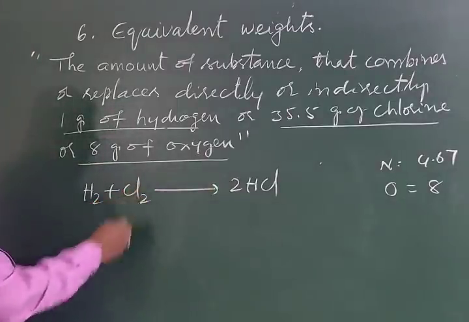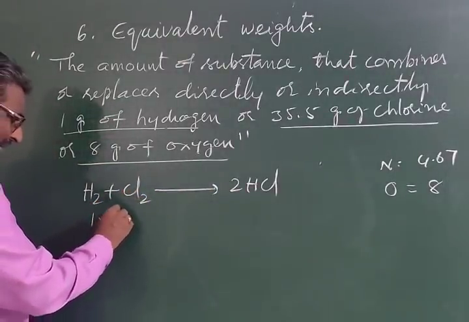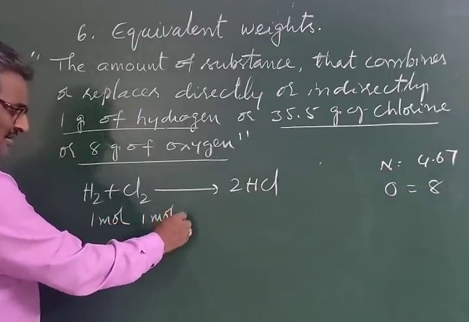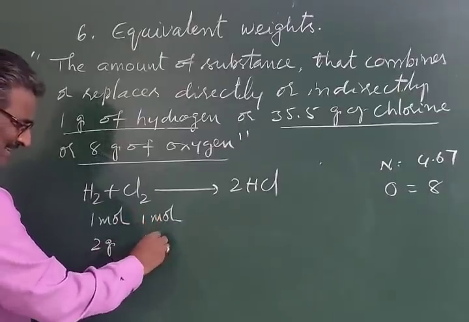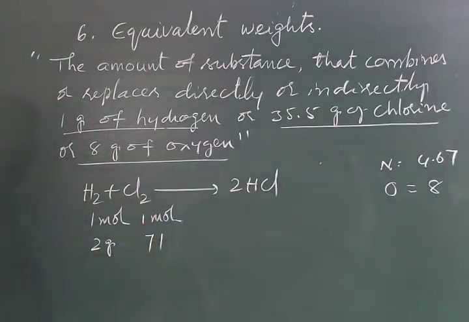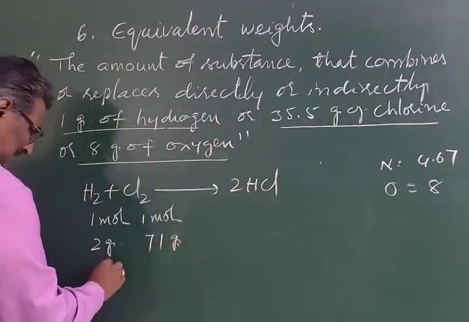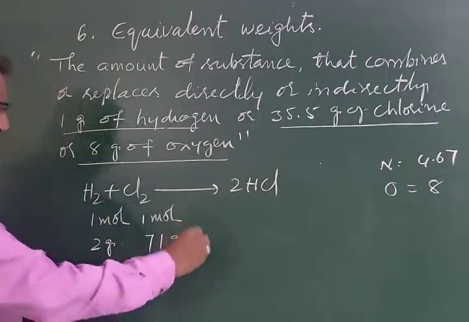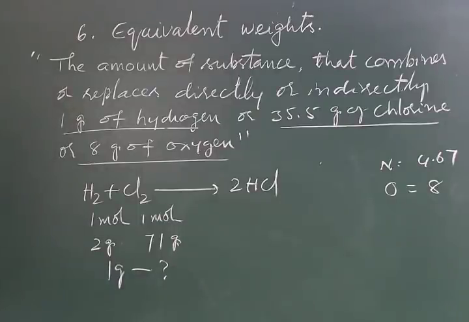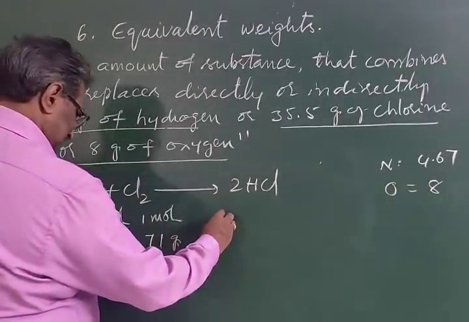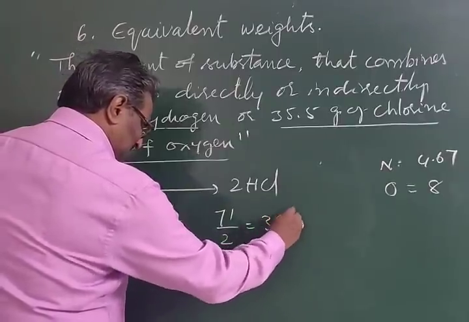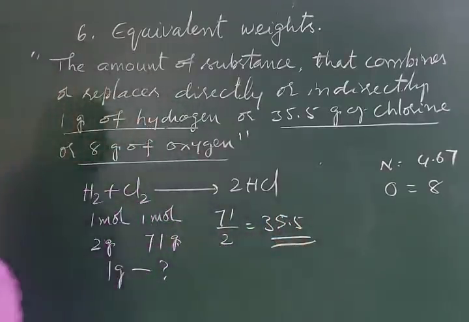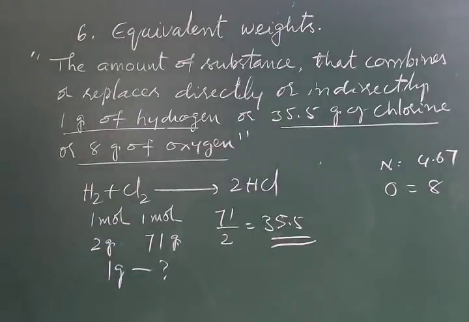This is the balanced equation. 1 mole of hydrogen combines with 1 mole of chlorine. 1 mole of hydrogen means 2 grams of hydrogen combines with 71 grams of chlorine. How many grams of chlorine can combine with 1 gram of hydrogen? That is 71 by 2, that is 35.5. The equivalent weight of chlorine is 35.5.